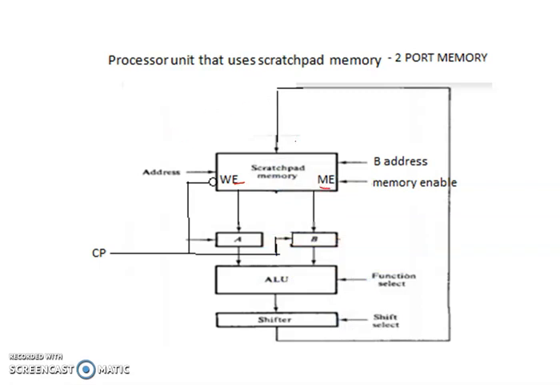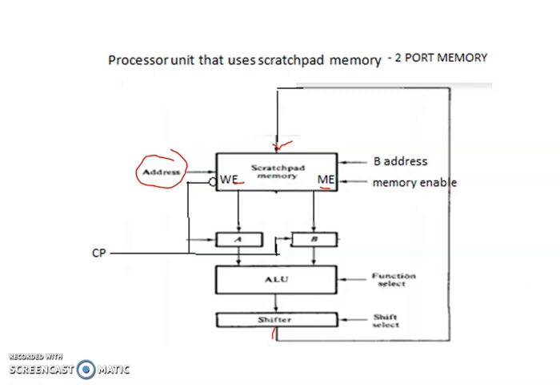Also, there are no multiplexers. The output from the ALU is moved to the shifter, and then moved to the scratchpad memory directly based on the address that is given. Instead of read and write signals, here it is given WE and ME. W indicates the write enable.